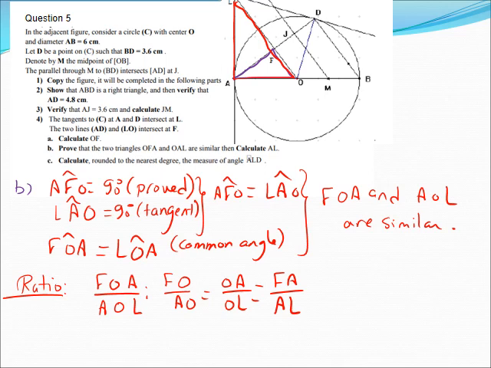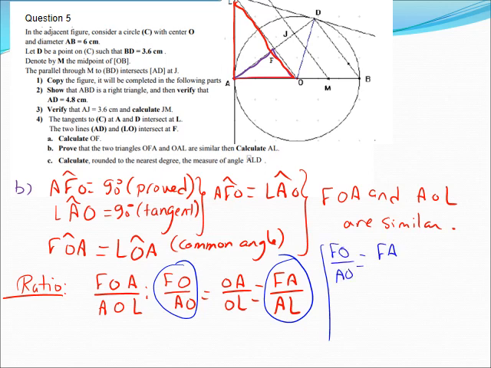To find AL, we use FO over AO equals FA over AL.